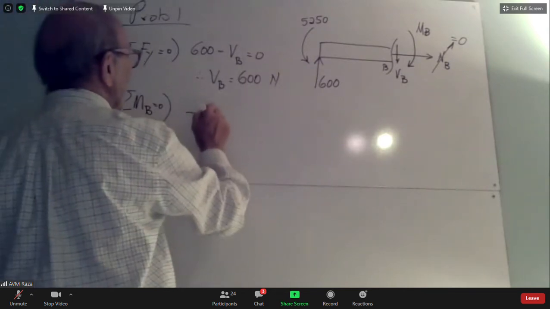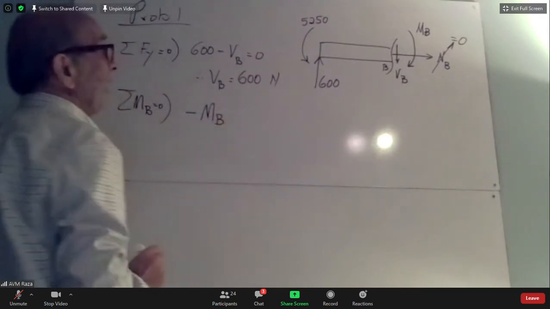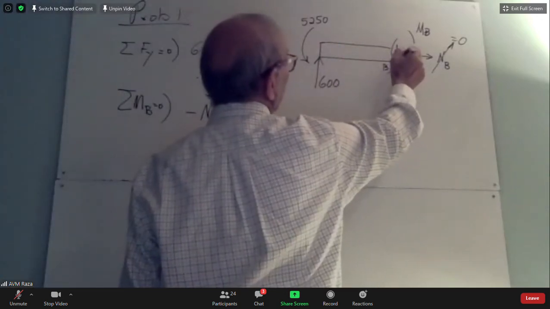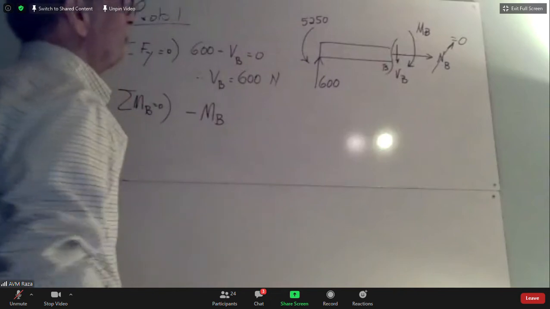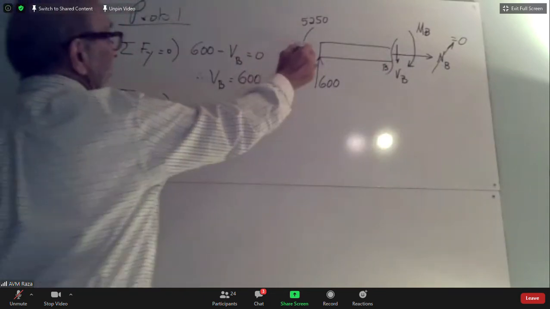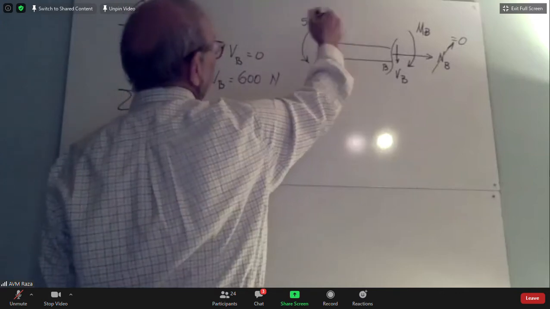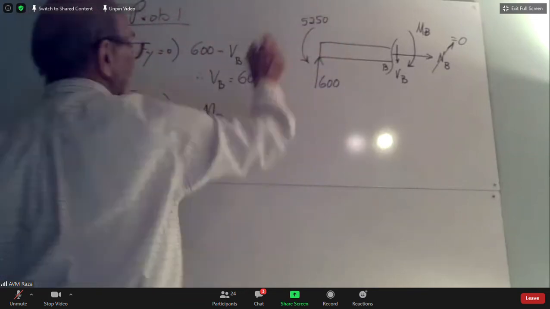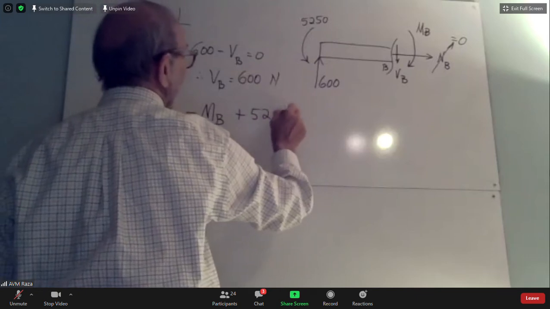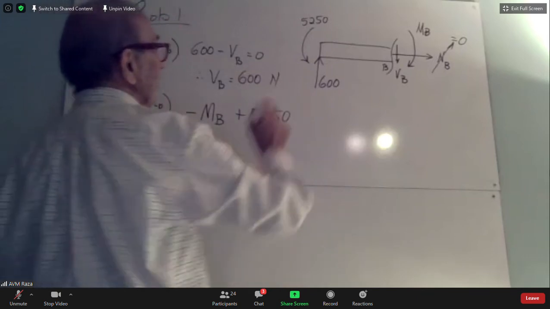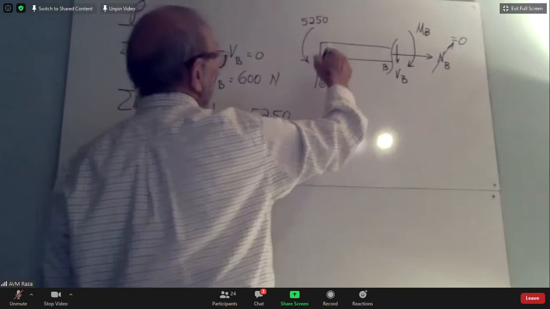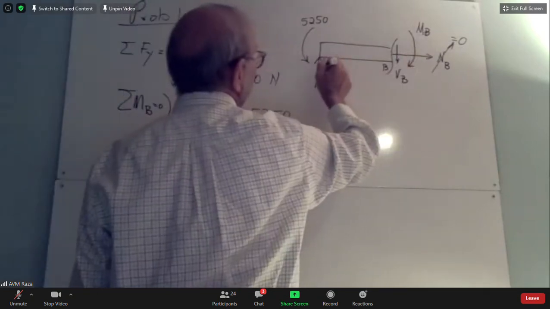So I'll say minus MB, and then will this contribute to the moment at B? No, because it is passing through B. The moment arm is 0, so it will not contribute. How about this one? This is already there, 5250, and this is the positive moment, so it will be plus 5250. And then the third moment would be due to this force, which is 600 times this moment arm.